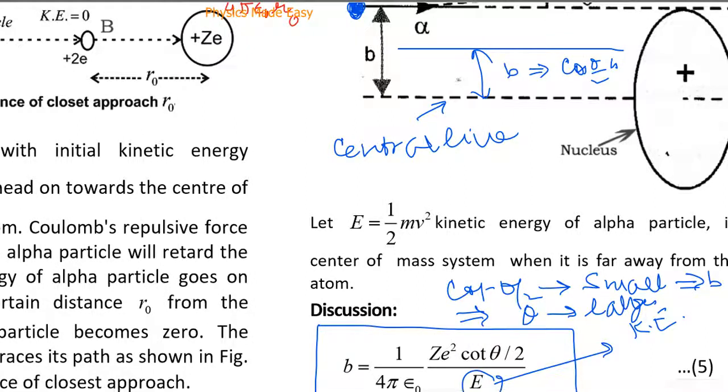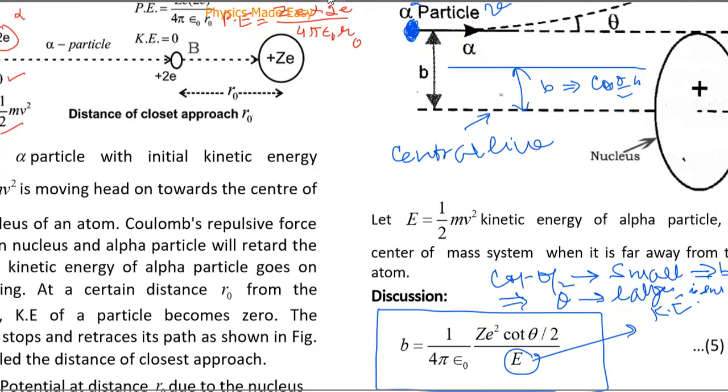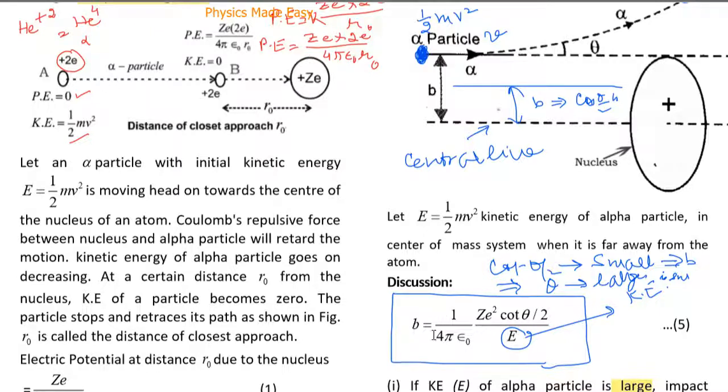That seems to me a better way of doing the same thing. B small means cot theta by 2 is small. Cot theta by 2 small means theta is large. It means alpha particles closer to the central line of the nuclei are deflected by large angles.